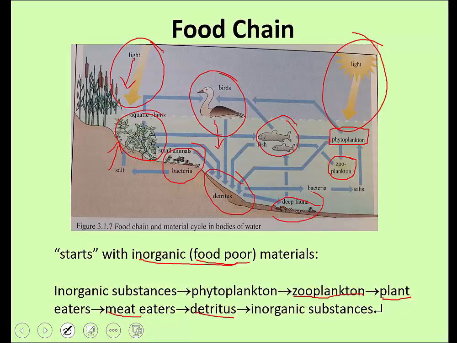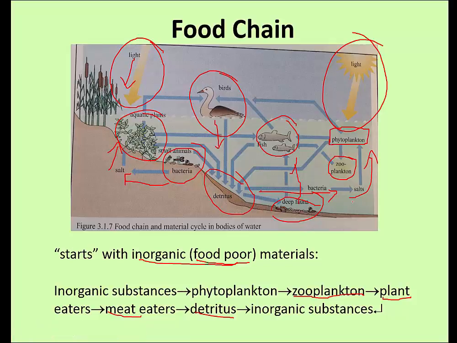This is what they live on, and they recycle it back into these inorganic materials. The deep fauna can go back into the plant eaters, but we can also have bacterial breakdown into salts and then back up again. So that's how we keep our cycle going within our water.